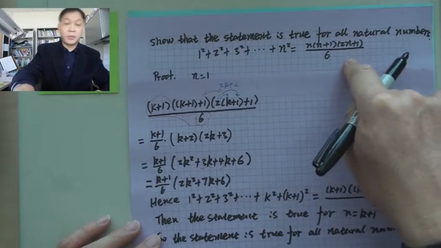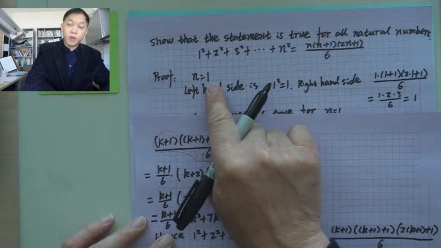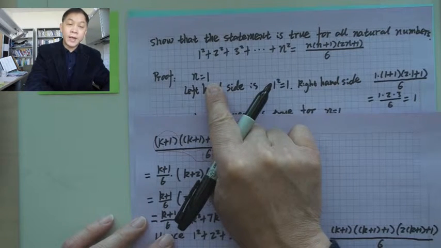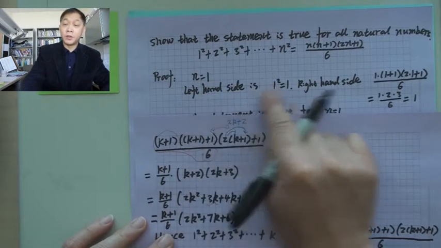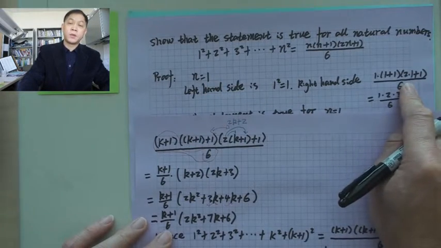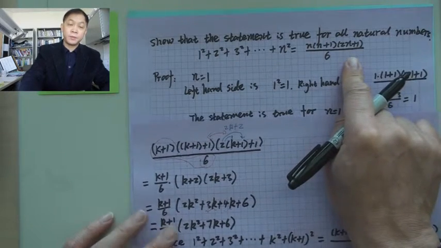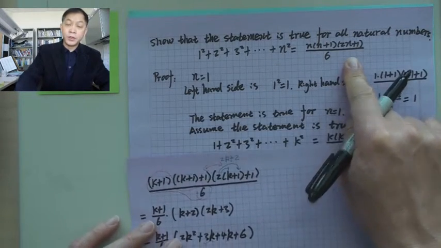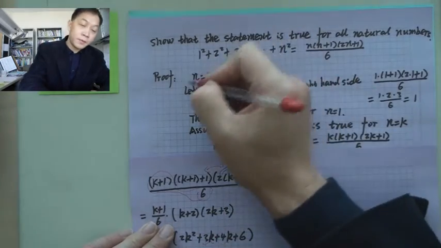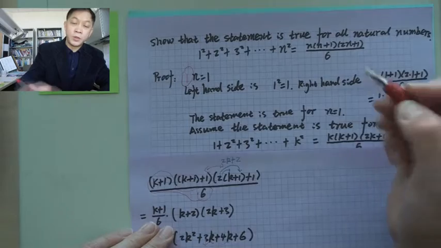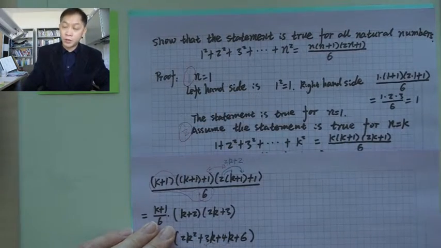So there are 3 steps. Step 1, you want to have your floor. You test one value, n equals 1, and found this is true. The statement is true for n equals 1 at least. Step 2 is, assume the statement is true for n equals k.